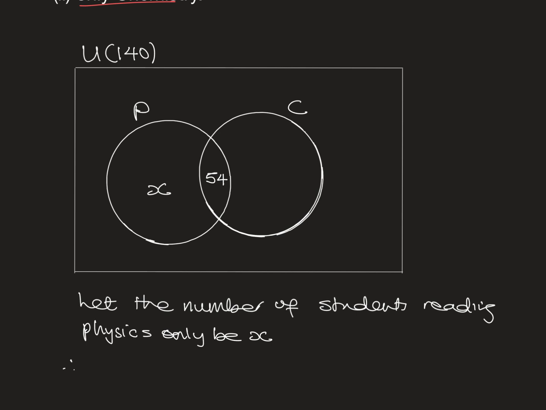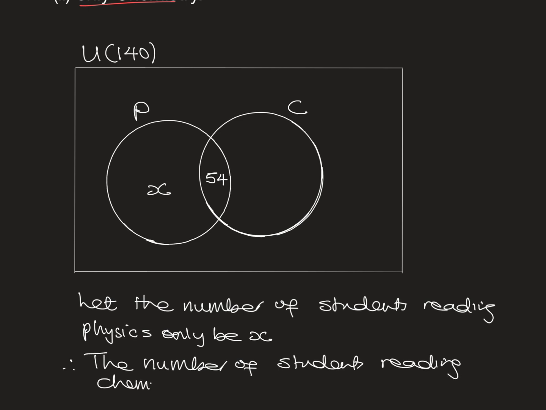Okay? Therefore, the number of students reading chemistry only will be X plus 10 or 10 plus X. It doesn't matter. So that is here. You see that? That is it.